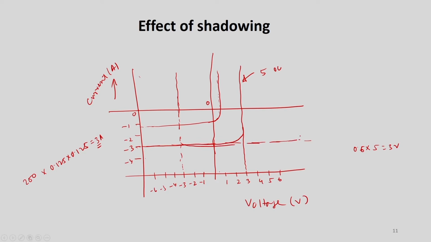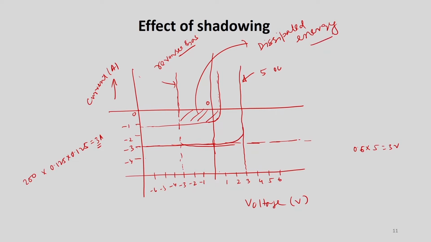As I said, this is for reverse bias. Now this part is the dissipation. The dissipated energy is this one.